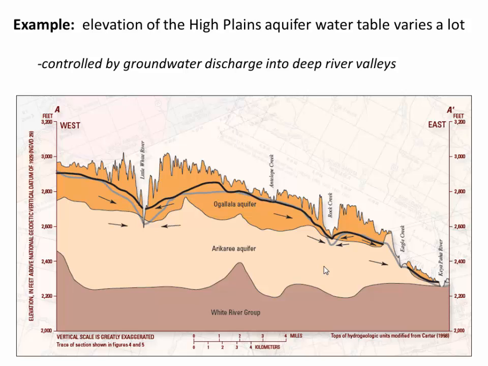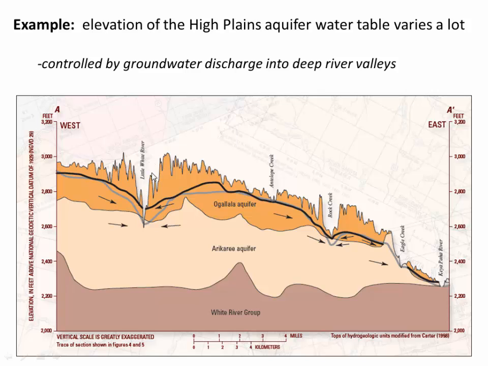So let's once again try to bring this back to our High Plains Aquifer example. The water table level of the High Plains Aquifer varies a huge amount, by almost 600 or 800 feet from its high point down to its low point. And you can see that the water table height is absolutely controlled by where the big river valleys are.